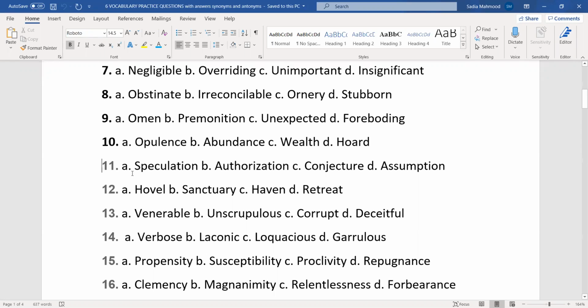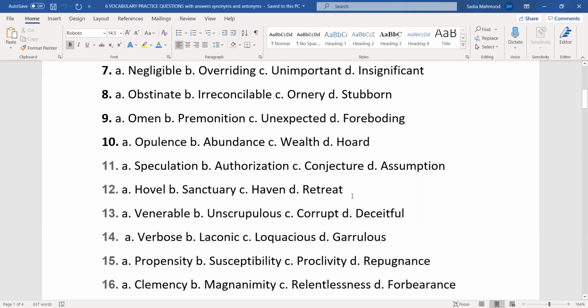Question number 11: option A, speculation. Option B, authorization. Option C, conjecture. Option D, assumption. Question number 12: option A, hovel. Option B, sanctuary. Option C, heaven. Option D, retreat.